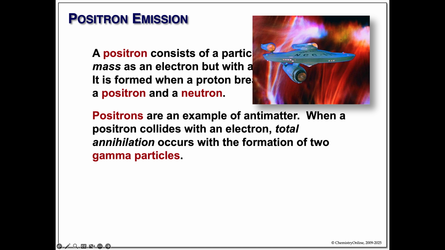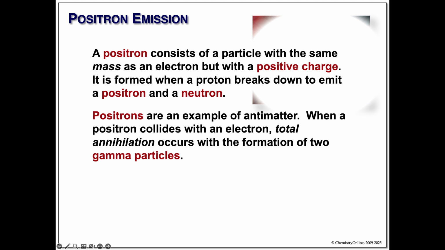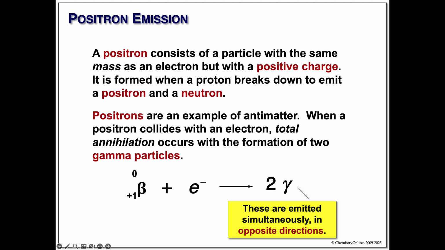Matter and antimatter, if they combine, annihilate each other. What they do is they form gamma particles. Now, the gamma particles that are formed when the positron hits an electron are not just randomly released. They are released from the electron in opposite directions. Fairly high energy, opposite directions. 180 degrees exactly.